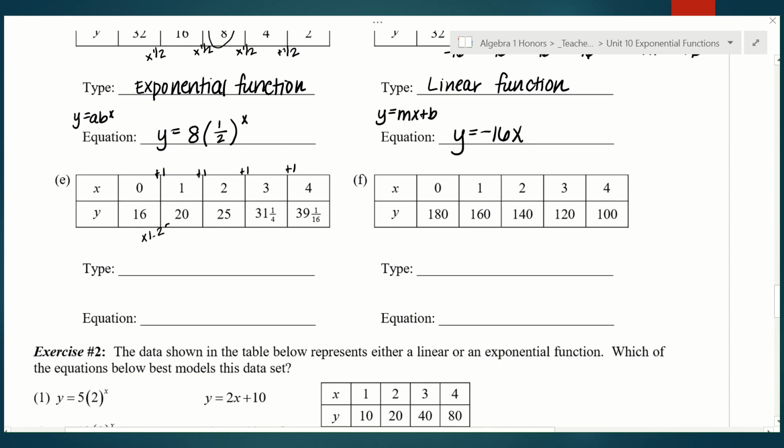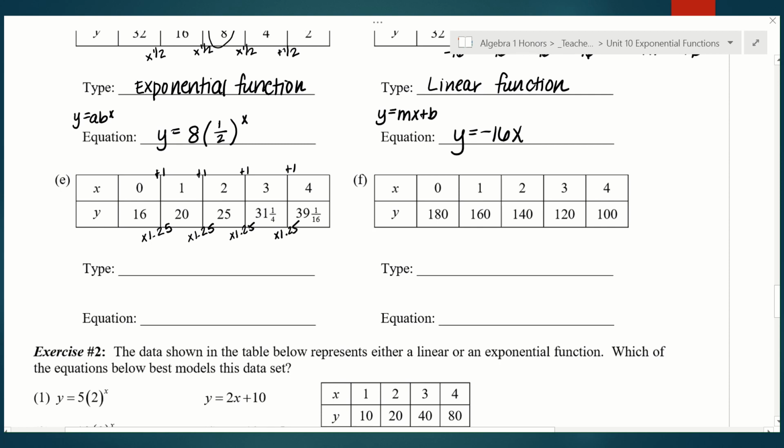So I know 16 times 1.25 gave me 20. So let's test that. Is 20 times 1.25 25? Yes. Is 25 times 1.25 31.25? Yes. And then is 31.25 times 1.25 39 and 1/16?